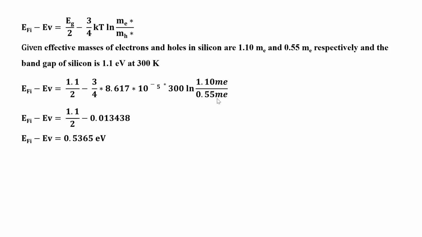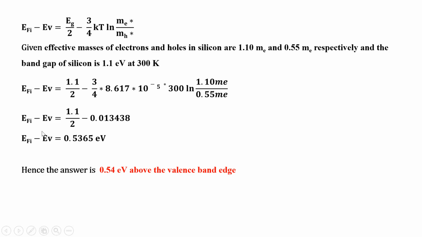Upon solving, this gives EF minus EV equal to 0.5356, so 0.54. EF minus EV is a positive value, which means the Fermi level is higher and the valence band is below that. So the Fermi level lies above the valence band. Therefore, 0.54 above the valence band is the answer.